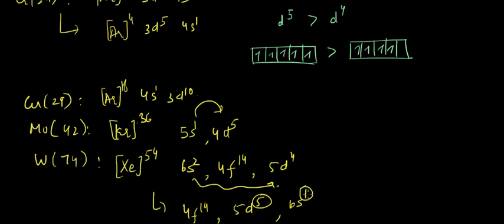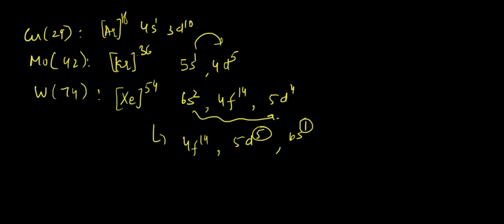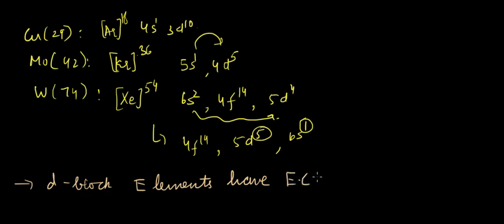Okay, so d block elements have electronic configurations like (n-1)d 1 to 10, then ns 1 or 2.